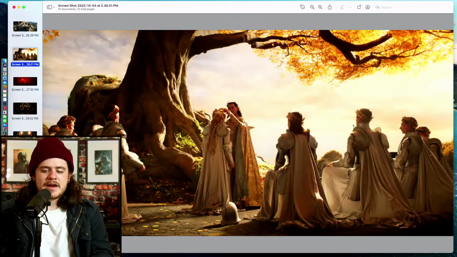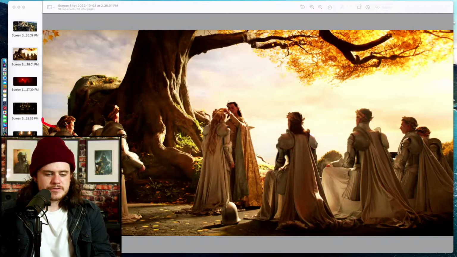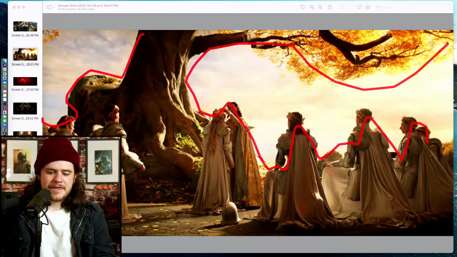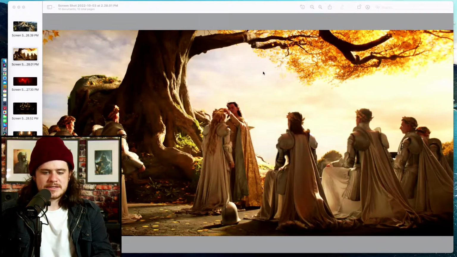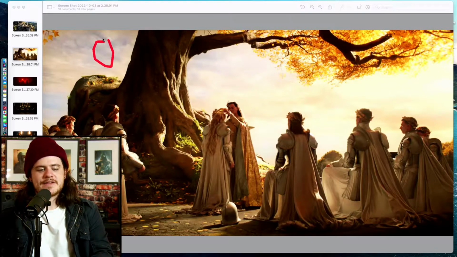You're right, and maybe a reason it feels lacking is because there are only really 2 layers of depth here. There's everybody here with the tree. If I'm trying to draw this out, all of this is the first layer, and then the second layer is just a soft sky. Where's our third layer that really adds dynamic shots?